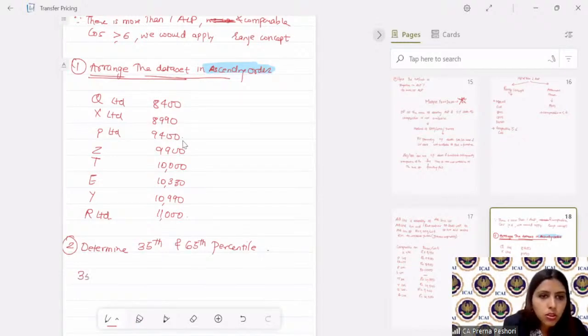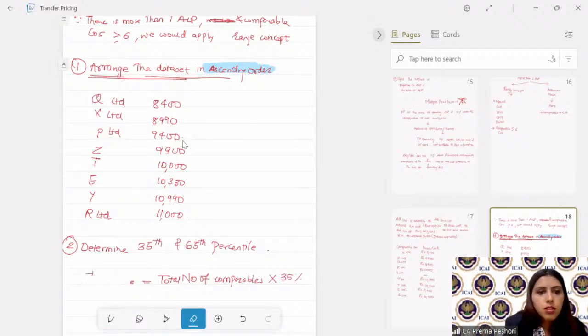Now, what is your 35th percentile? It is equal to the total number of comparables into 35%. That will give you the 35th percentile.